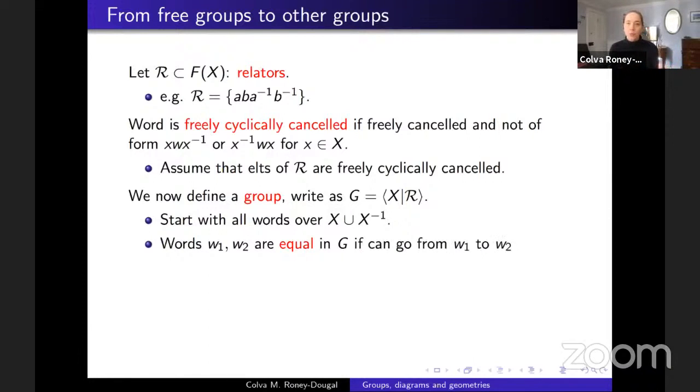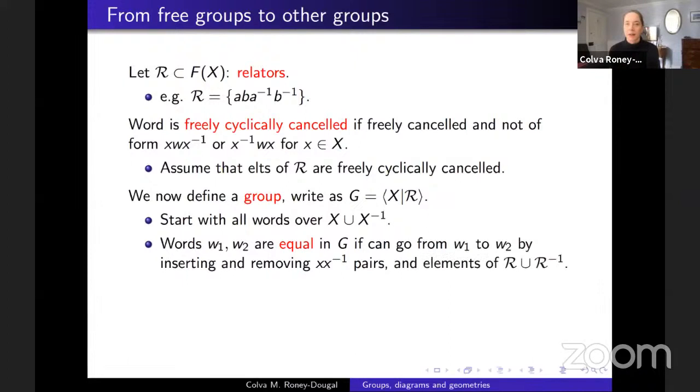If I can go from one to the other, well, firstly, the same condition as before. So I can insert and remove pairs of things next to their inverses, but I can do more now as well. I can also insert or remove elements from my set R, or the inverses of things in my set R. So the inverse of this would be B inverse, A inverse, because you read it backwards.